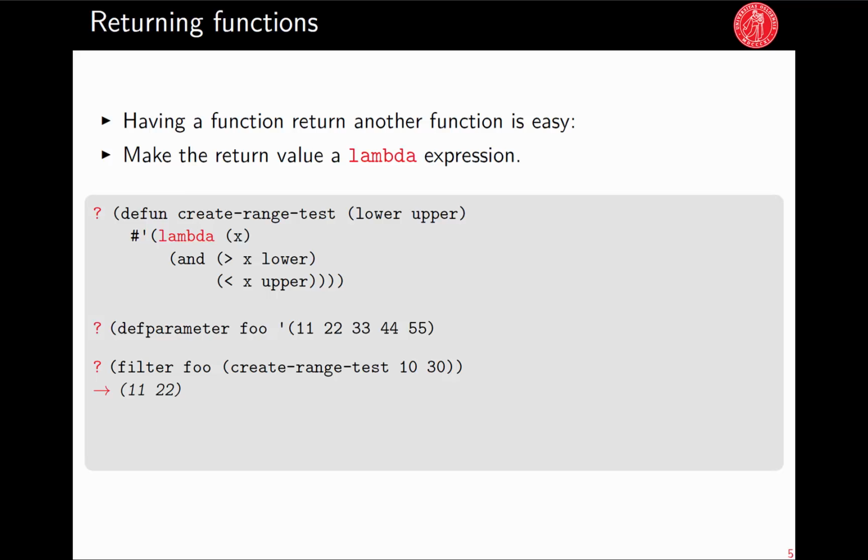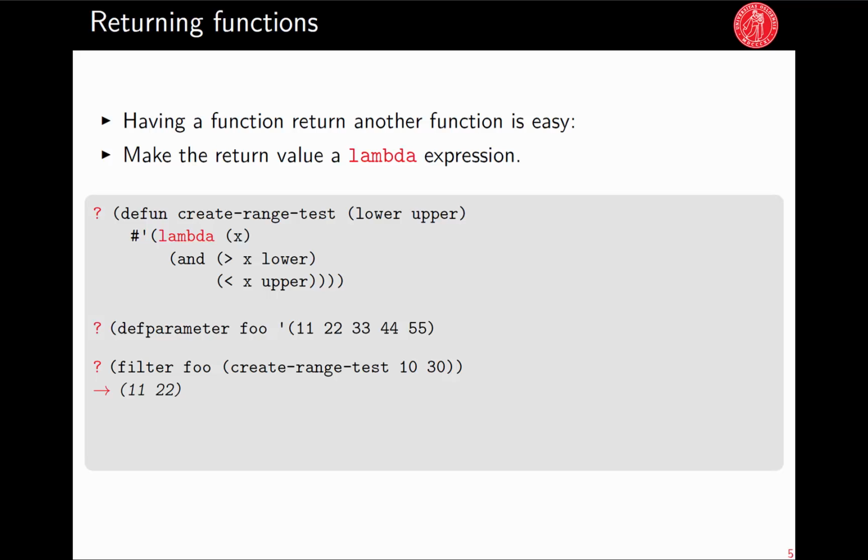So let's use that again with the filter procedure that we defined initially. First we create a variable called foo bound to a list. There should be an additional closing parenthesis here after the defparameter expression. Then we call filter on this list, where the predicate argument that we send in is one that we create while calling filter.